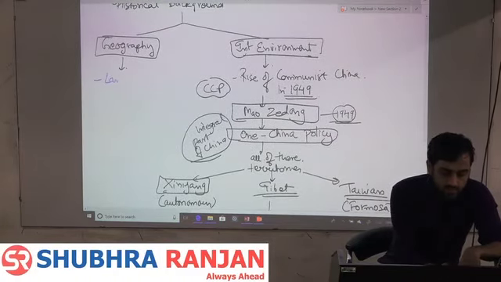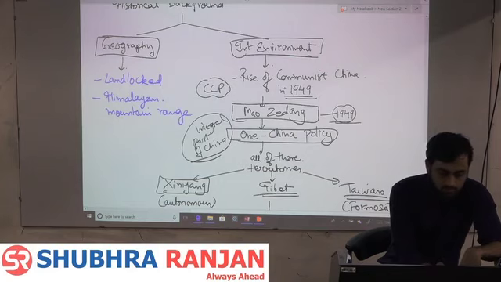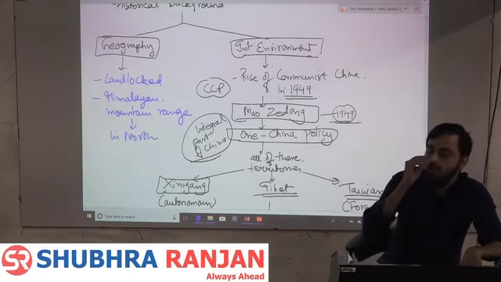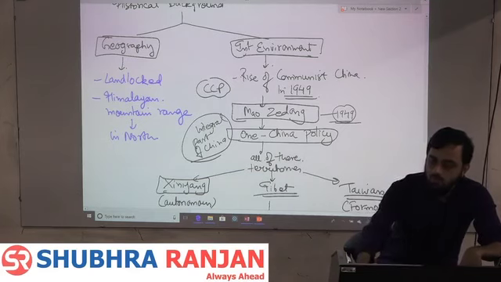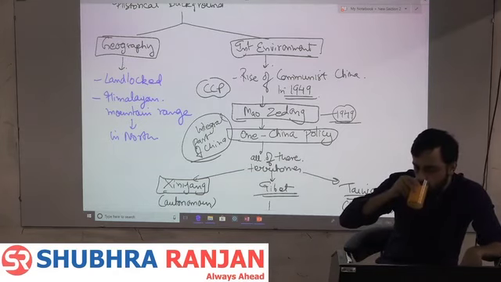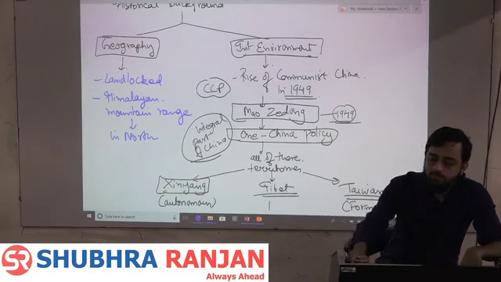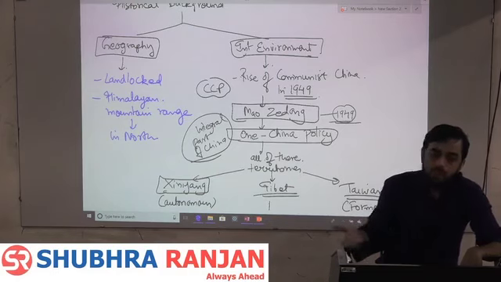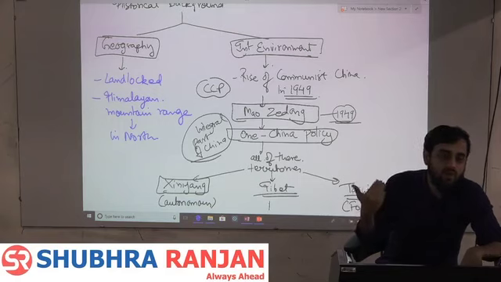Firstly, they are landlocked, but not just landlocked, they are landlocked with the Himalayan mountain range in the north. It's not just that it is landlocked, it is landlocked with the Himalayas on one side.